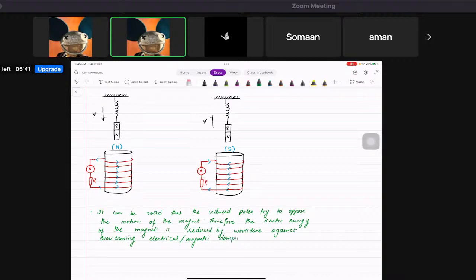Now you guys might remember damping is basically the dissipation of energy, right? Dissipation of energy, like that.